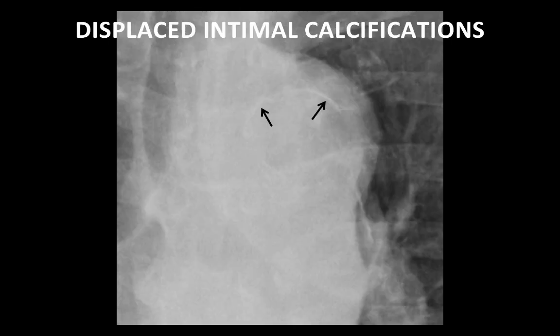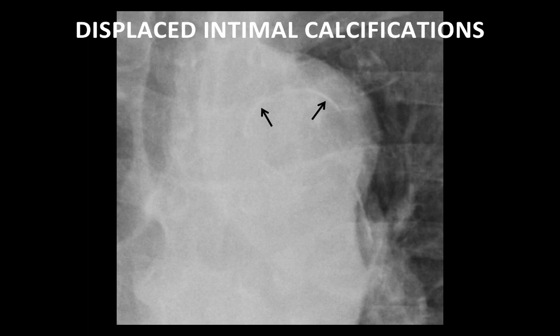And then the last radiographic finding that I'll describe for you and show you in this case is the displaced intimal calcifications. Sometimes it can be difficult to discern if these are truly intimal calcifications or if these are simply calcifications of thrombus within an aortic aneurysm.